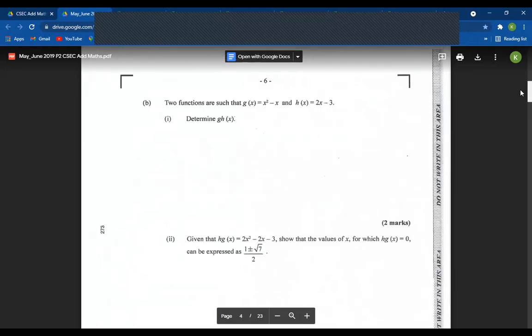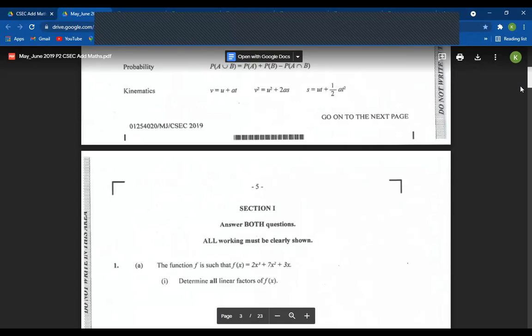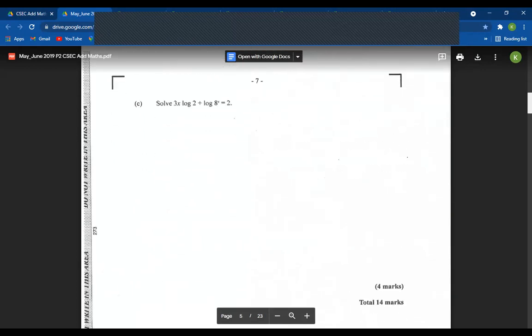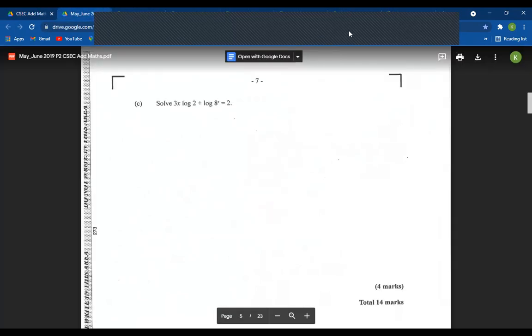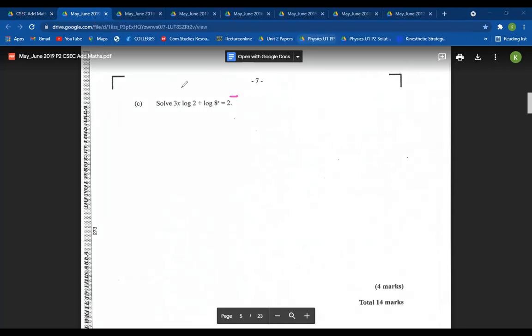This is paper 2, 2019. I think this is number one. So you realize the pattern. Logs usually come in question 1. Maybe it wouldn't be the same for your year, but for all the years so far, logs are in question 1.